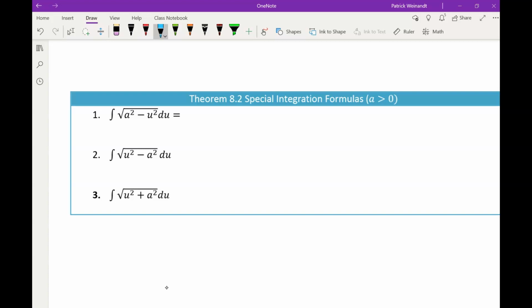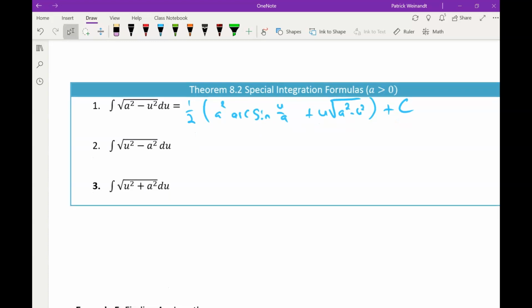The integral of the square root of a squared minus u squared du, remember that u is going to involve some variable, is equal to 1/2 times a squared times arc sine of u over a, plus u times the square root of a squared minus u squared. And since this is an indefinite integral, we're going to have some constant added at the end.